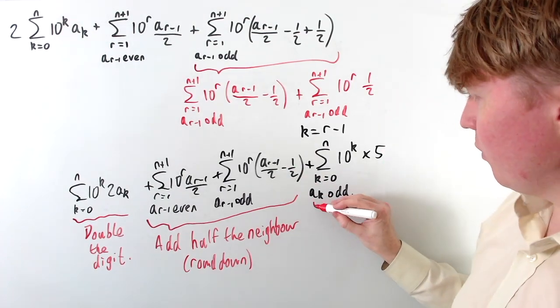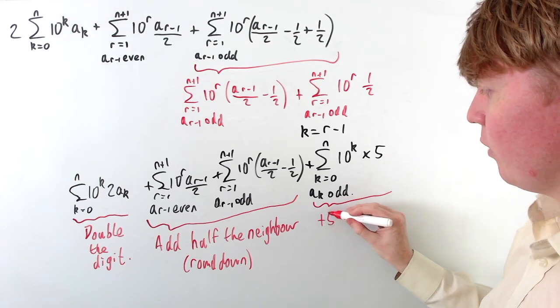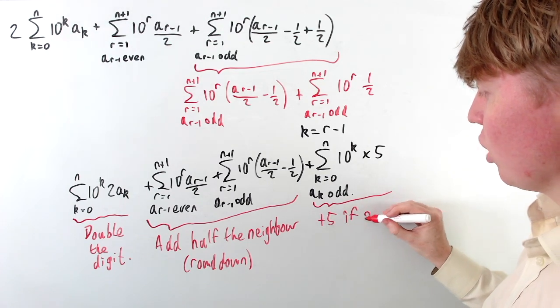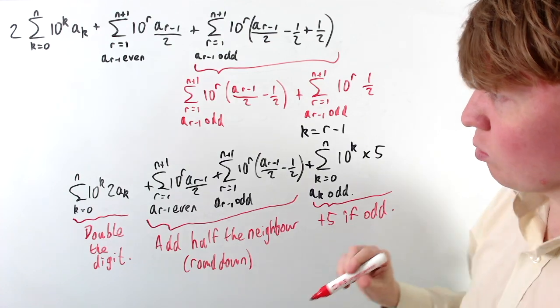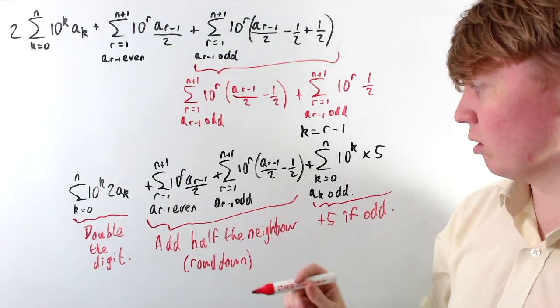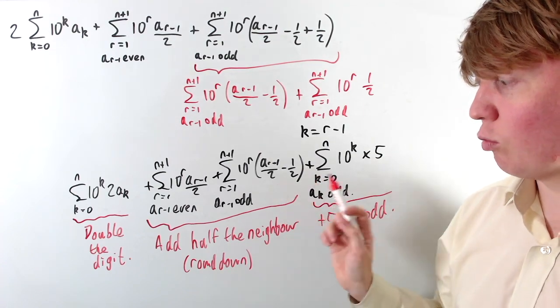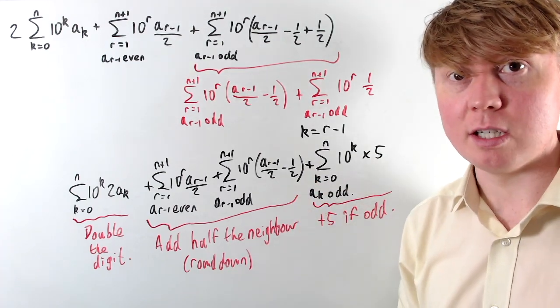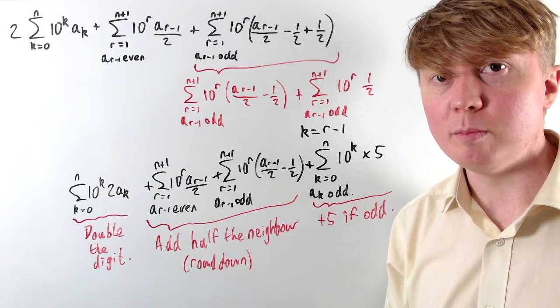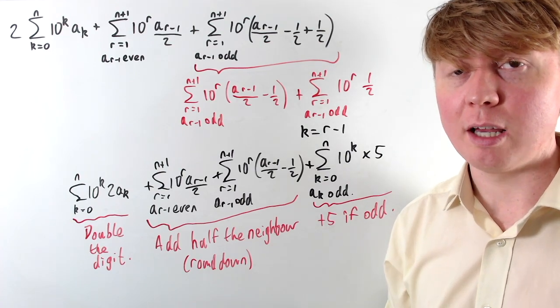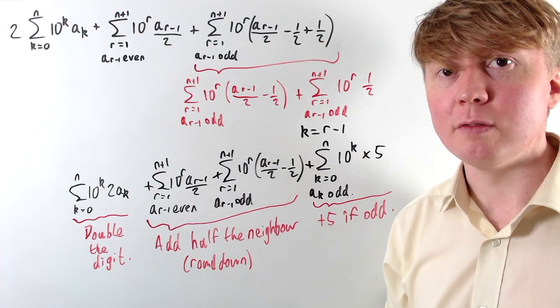And then this very final step here is where we add 5 to the digit if our digit was odd. So this is a really nice way of seeing then that doubling our original digit, adding 5 if it's odd, then adding half of the neighbour to the right, rounding down, does indeed give us our original number multiplied by 7 after doing all the carrying for all of the addition there.